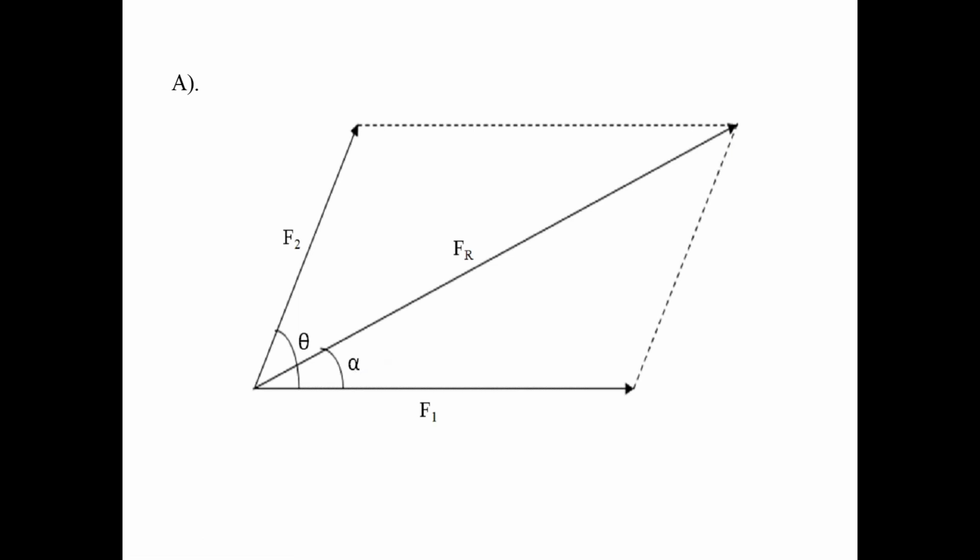Coming to the second condition. In the second condition, F1 is equal to 4p Newton, F2 is equal to p plus 12 Newton. Here also, between F1 and F2, take the angle theta. Same angle in the second condition. In the second condition also, the resultant force is in the same direction, unaltered.